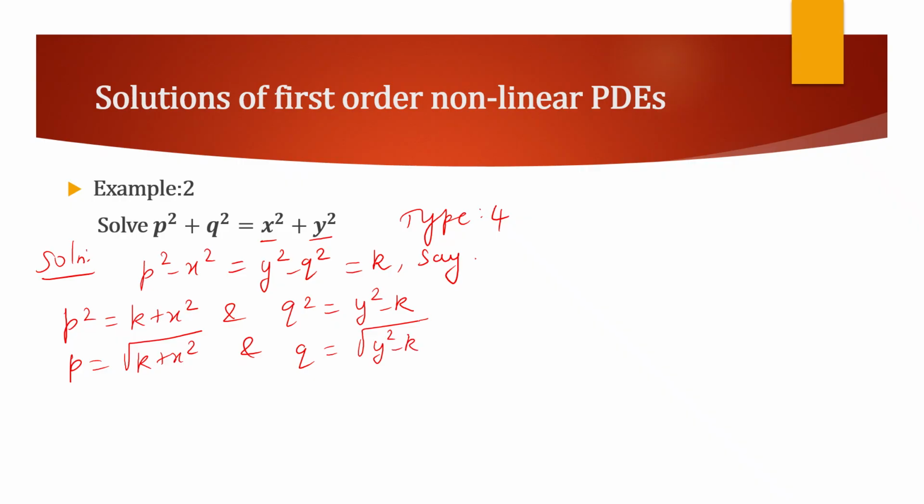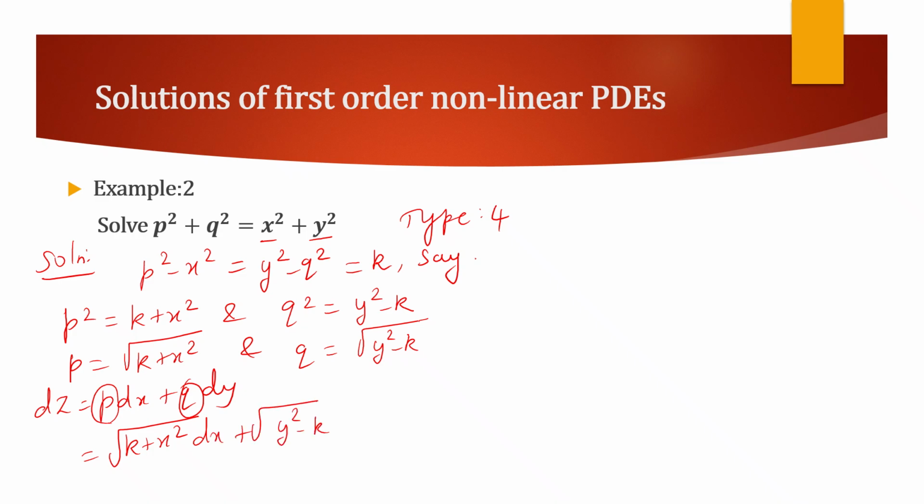So now we have dz as p into dx plus q into dy. So now replacing p and q in this, we get square root of k plus x square into dx plus square root of y square minus k into dy in the right hand side, and in the left hand side we have dz.